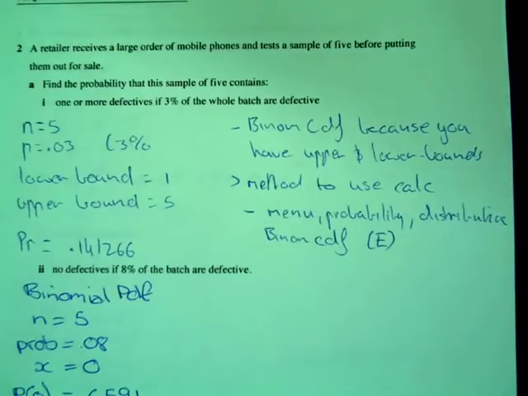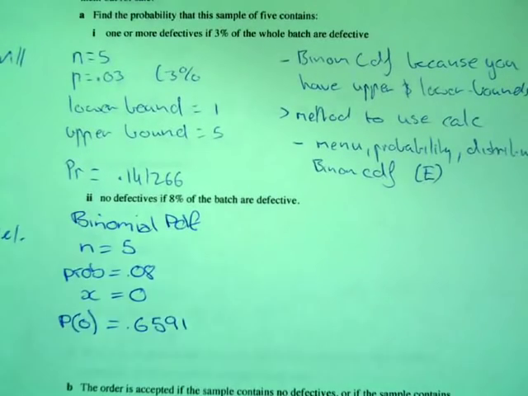So it was a binomial CDF again because it has an upper and lower bound. n was 5 because it's the number of trials. The probability was 3%, so 0.03. The lower bound was 1, the upper bound was 5, and the answer I got was 0.141266.